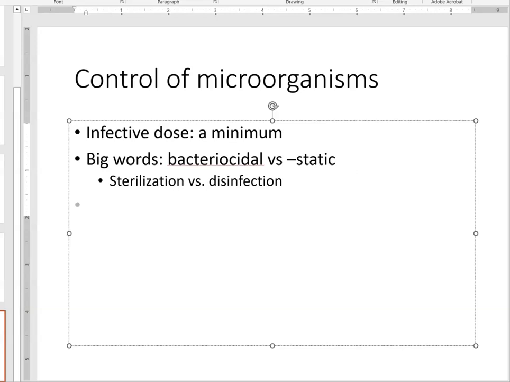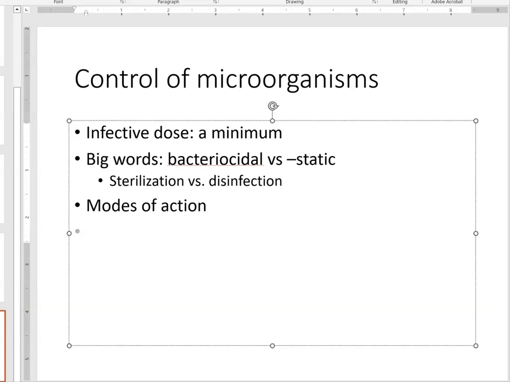We looked at modes of action, and remember to compare them to the modes of action of antibiotics, because modes of action of disinfection technologies and sterilization technologies are really, really broad acting.